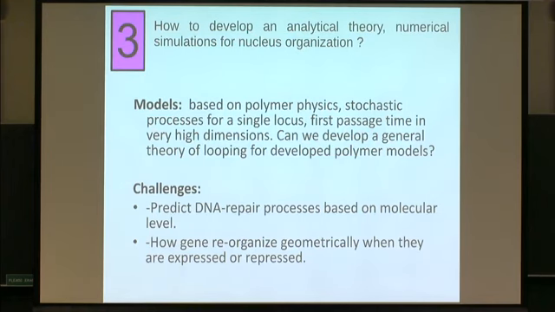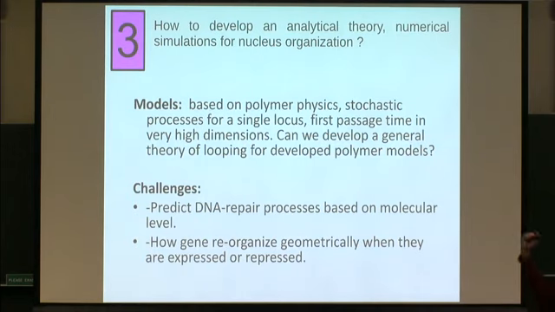I have to explain all of this, so I will explain some of it in the introduction lecture that I will give on Thursday and on Friday. Basically, can we use some kind of classical polymer physics to understand how the nucleus is organized? We will see in a second. I'll show you pictures. In general, can we develop a general theory of looping?